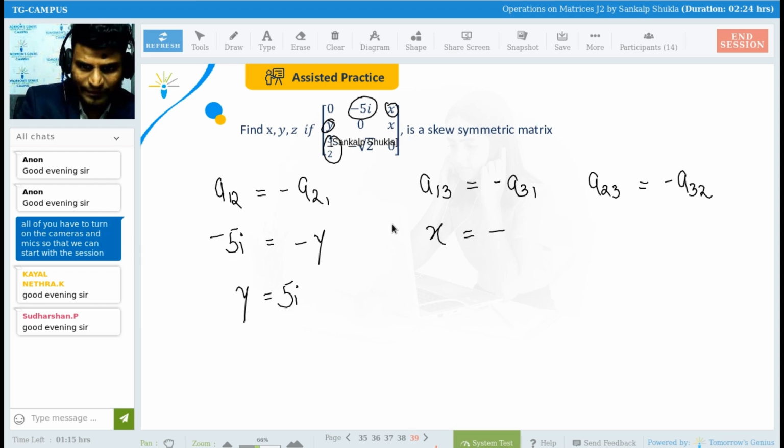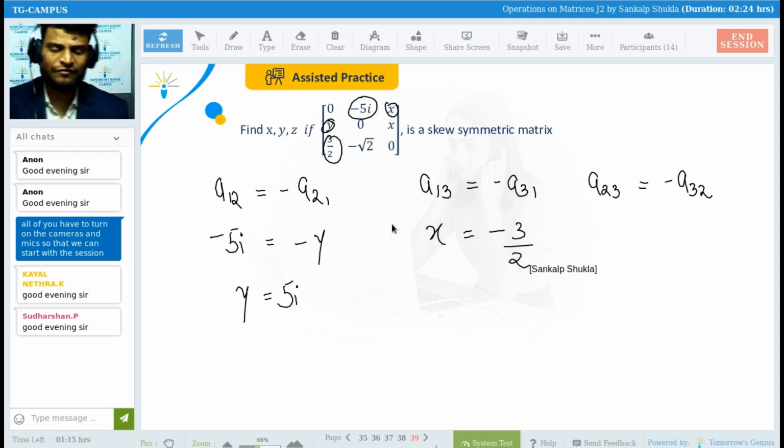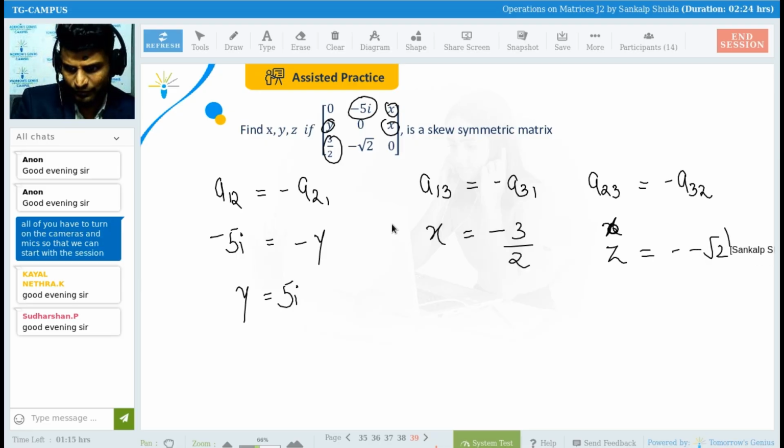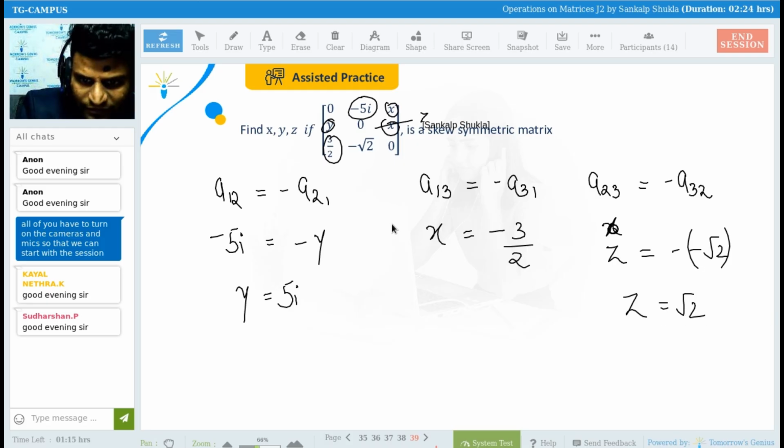A31 is 3 by 2. So x we have got as minus 3 by 2. Now A23, second row, third column, it is again x. For example, this is a typing mistake. Suppose we call it z. So what is minus A32? Third row, second column, it is minus of minus root 2. So z is equal to root 2. This is not x, this is z.